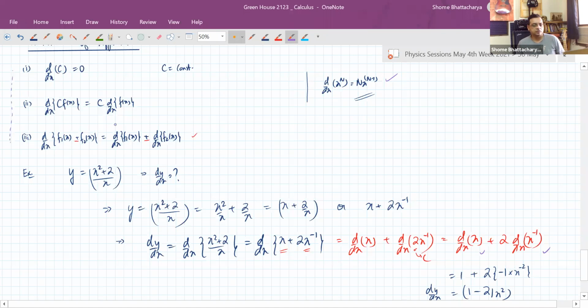And then see how we have applied them step by step, along with a bit of simplification. We could not directly apply differentiation here. So we had to first simplify this so that it became the sum of two functions rather than one function divided by another. So please go over the steps very carefully, and if there's any doubt whatsoever, please let me know.